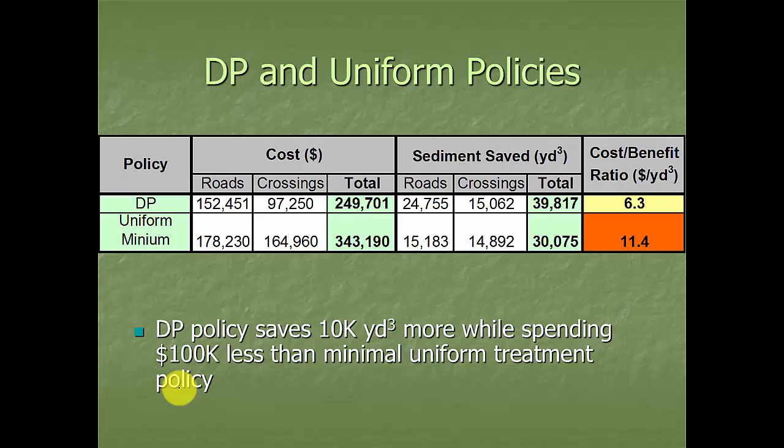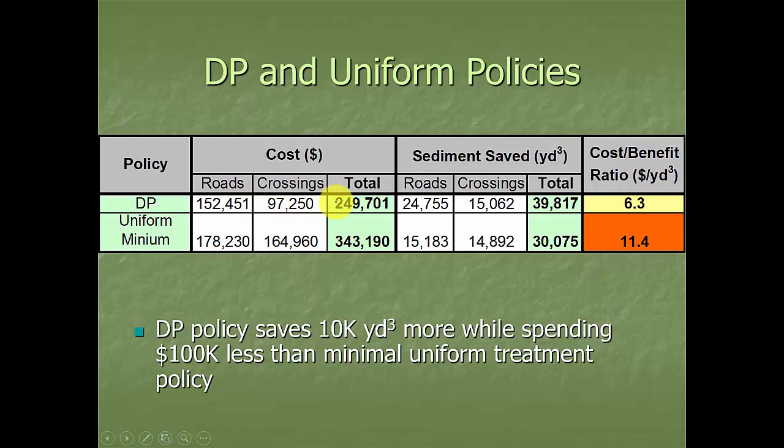And so we compared a dynamic programming policy. So we had minimal uniform treatment across the watershed, and then we told the dynamic programming problem that it had $250,000. And what you can see here is that if you do minimum uniform treatment across our watershed, it would cost about $340,000.